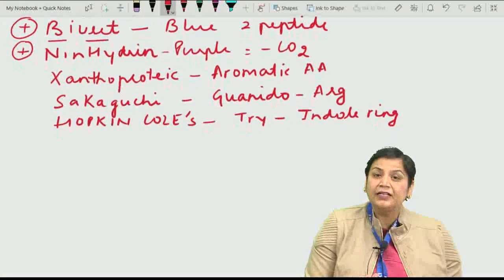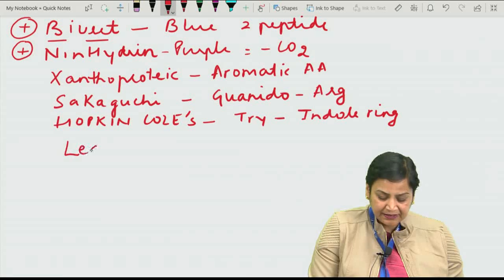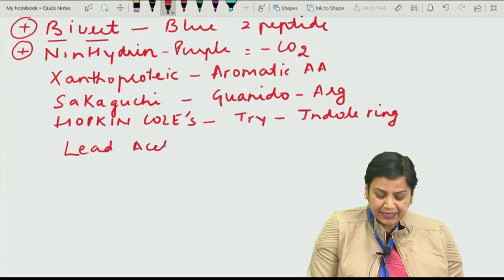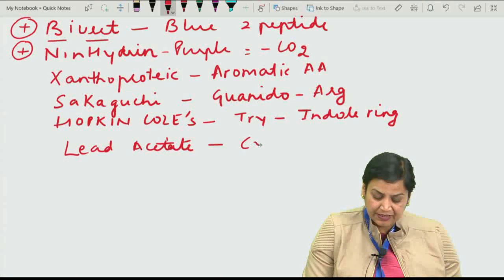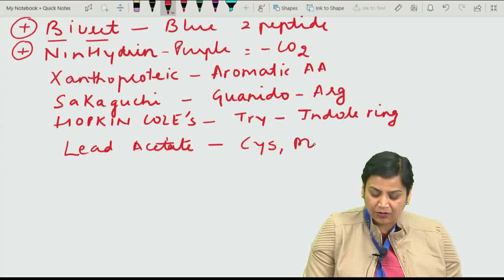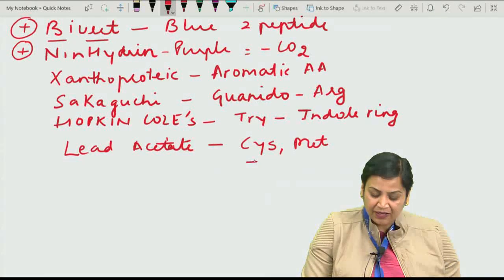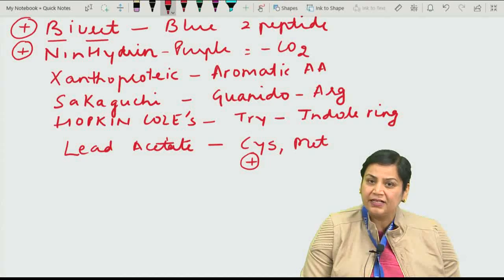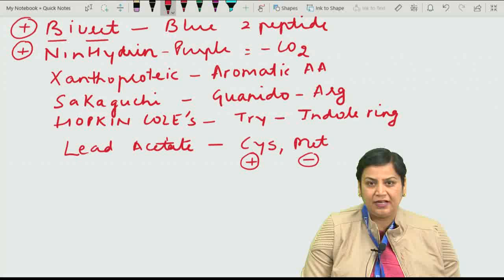Similarly, there are other tests also, like the lead acetate test. This lead acetate test is for sulfur containing amino acids, which are cysteine and methionine. Now here one thing I'll point out, cysteine will give a positive lead acetate test, methionine cannot give a positive lead acetate test.